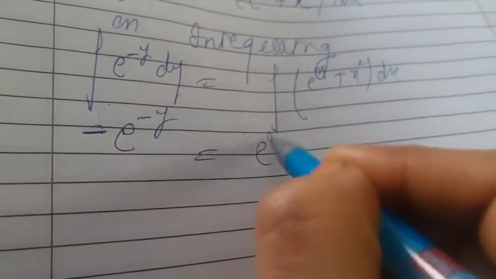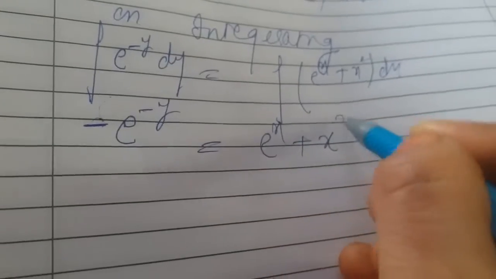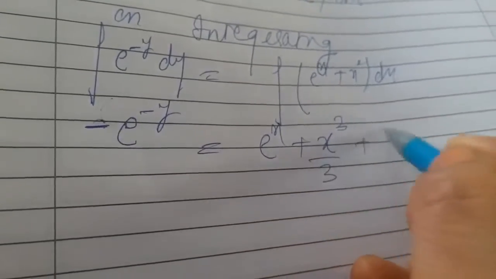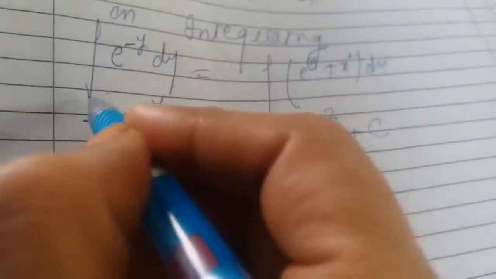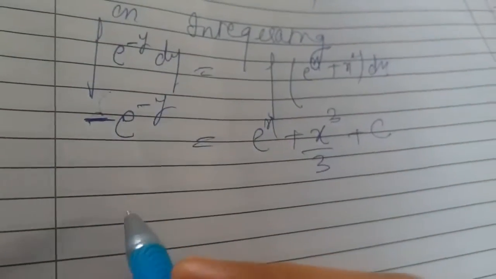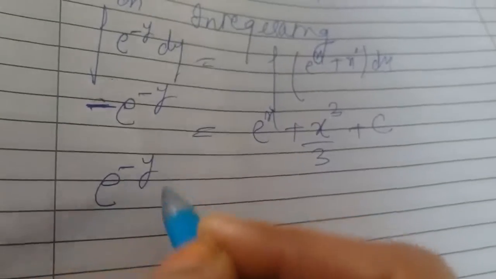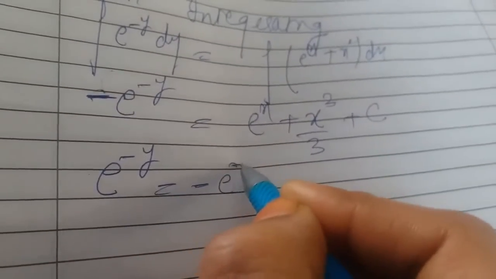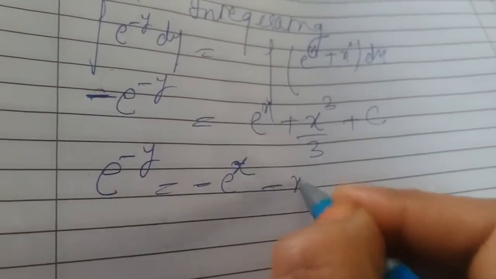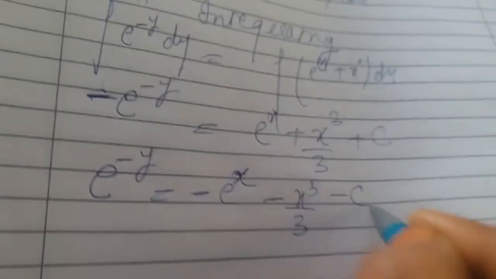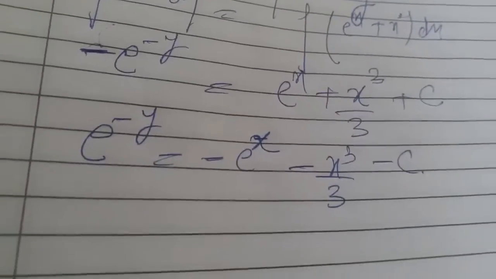Integration of e to the power x is e to the power x, and x cube upon 3, plus c. It's okay, that will be your solution. e to the power minus y equals minus e to the power x minus x cube upon 3 minus c. This will be the solution of question 4.